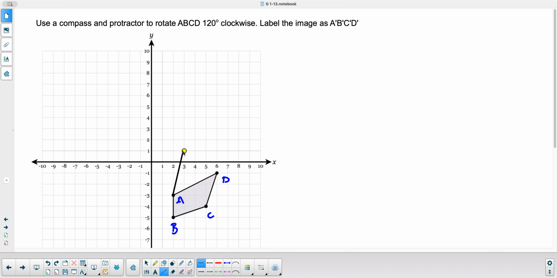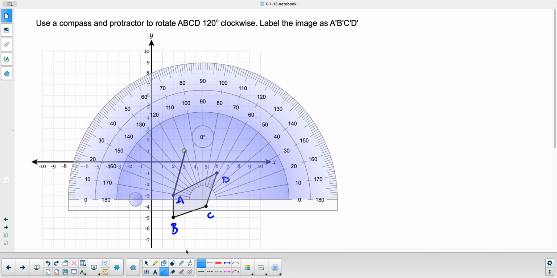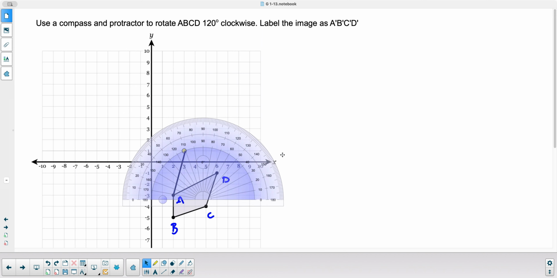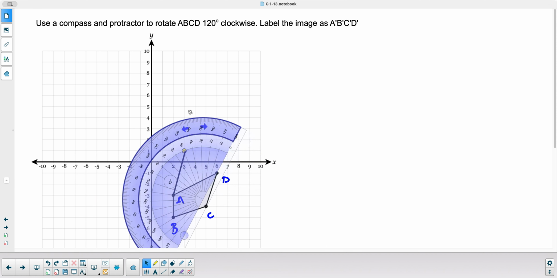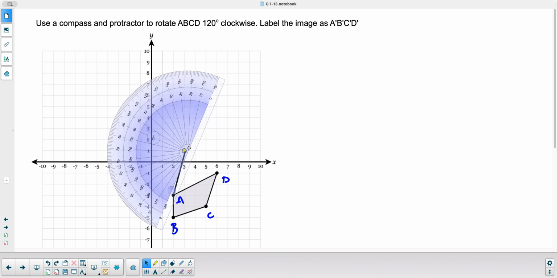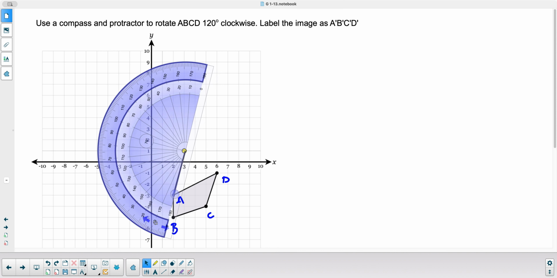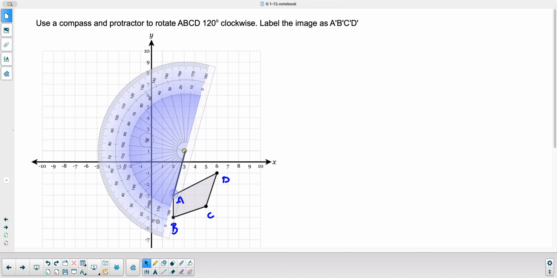let's start with A. I'm going to go right there, going to take my protractor and measure 120 degrees. So 120 would be right there. I'm going to make that angle.